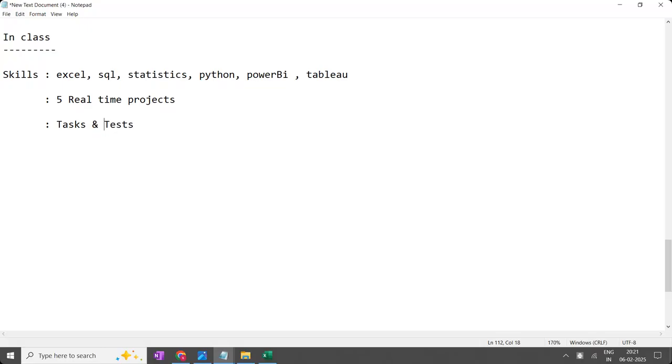Is that clear? Now, once skills are acquired, while doing the tasks and the real-time projects completed in the class, apart from the tests, while practicing, doubts will be solved by the mentors.